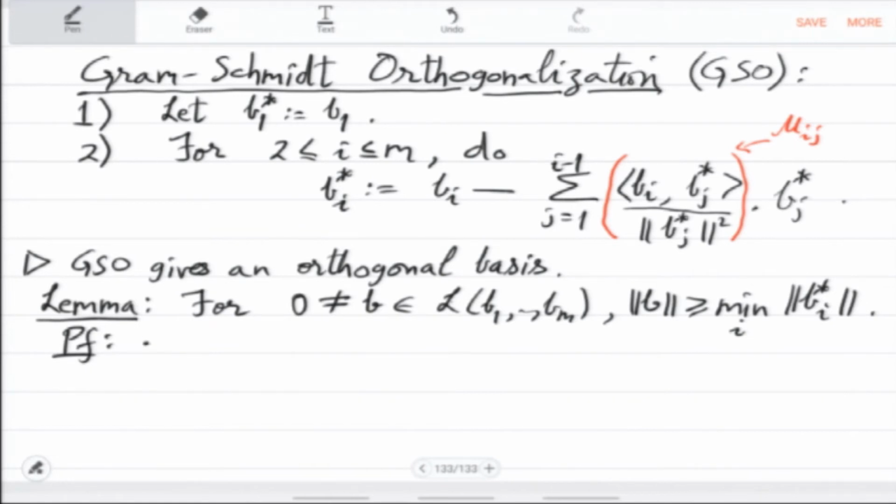So consider this combination of Bi's. Since Bi's we are assuming linearly independent, lambda i's will be unique and they are integers.